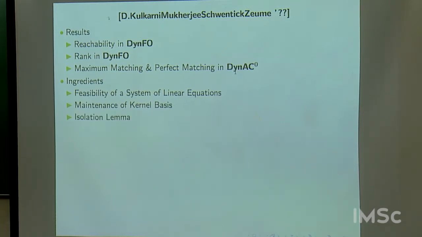And finally, the isolation lemma gives us maximum matching and perfect matching in dynamic AC0. Okay? So just a very quick laundry list of ingredients in this paper. This is not yet published. It's not even on arXiv. We hope to put it on arXiv very soon.